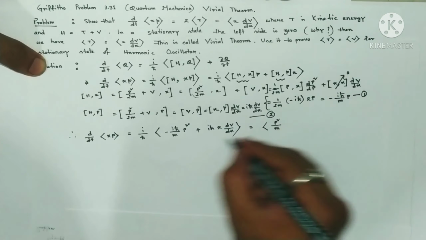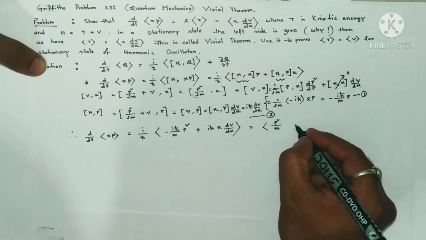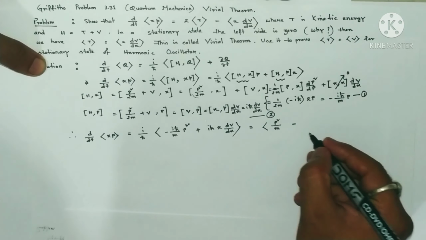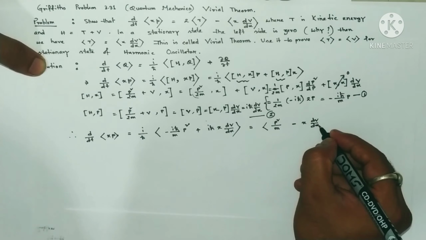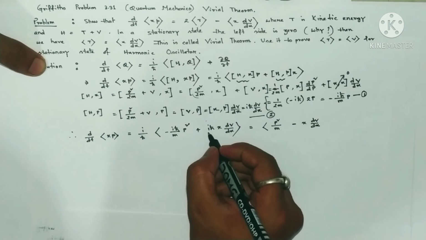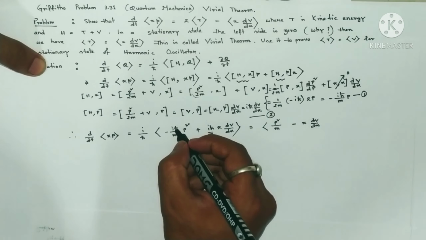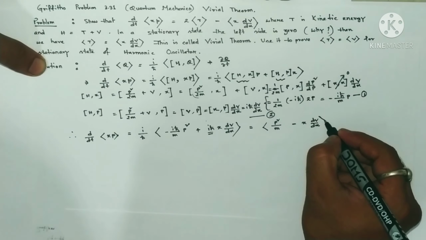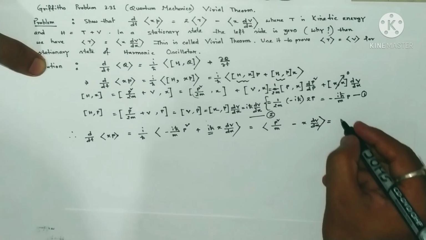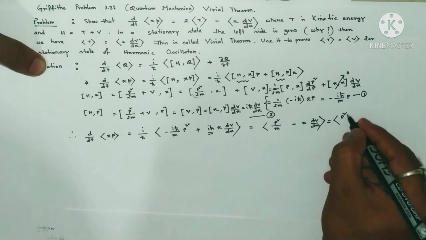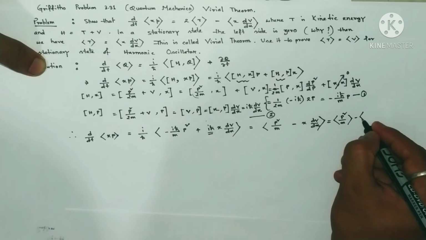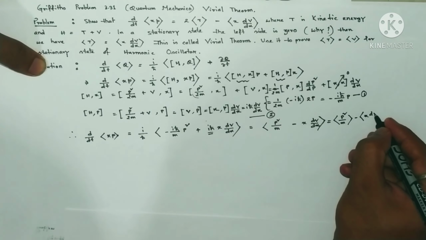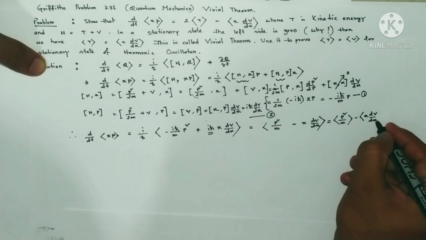And if we take minus common, we will get here minus x dv dx, because we take h as common. So this can be written as p square by m minus x dv dx.